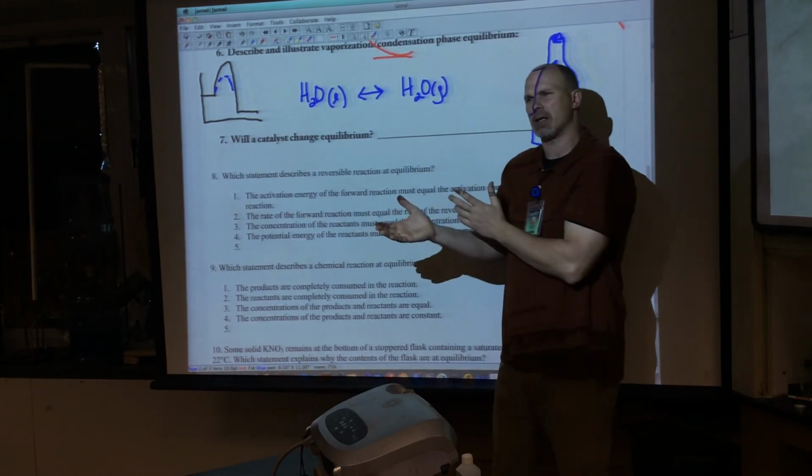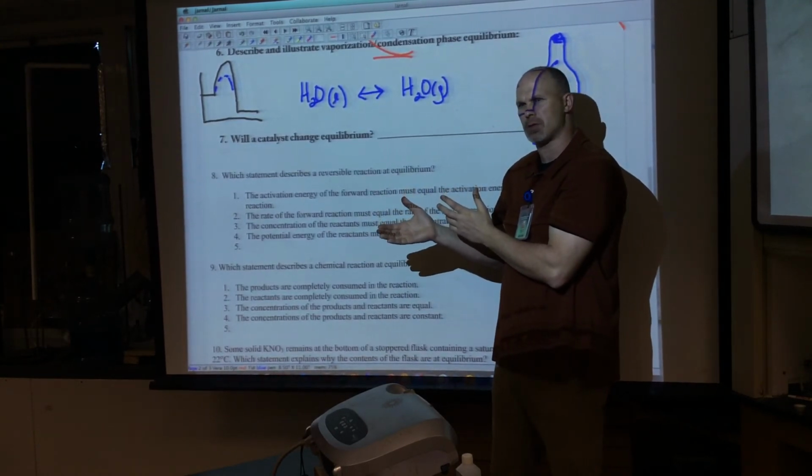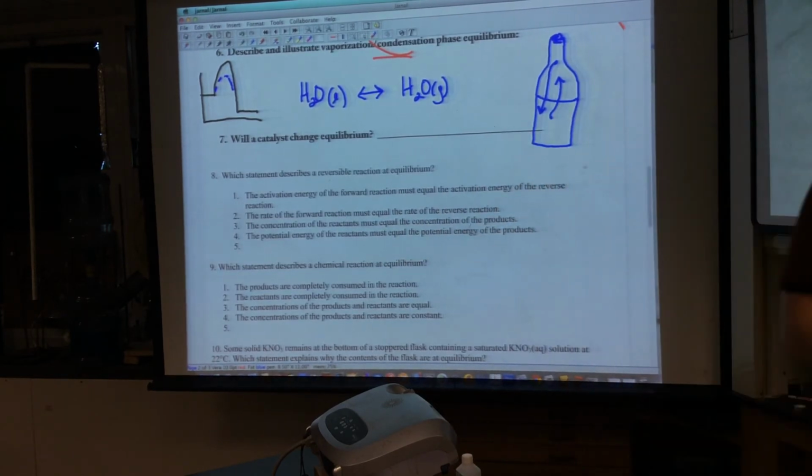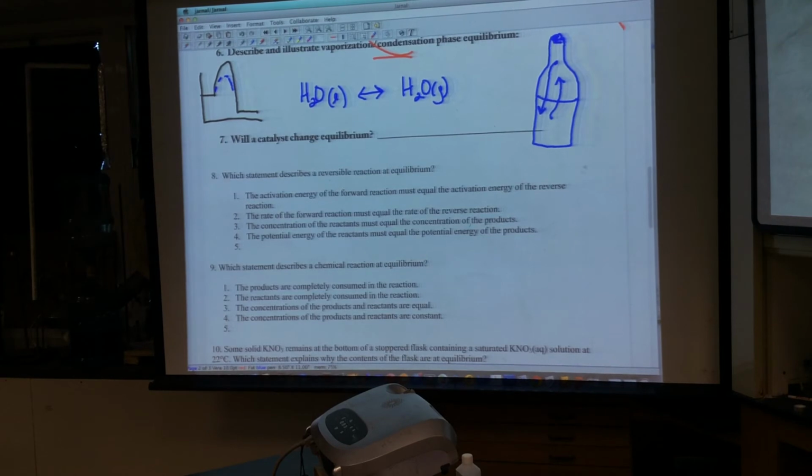So adding a catalyst would speed up the forward reaction as much as it would speed up the reverse. So adding a catalyst has what kind of effect? No effect. My friends in chemistry, I just hit everything that you needed to know for this course. No effect. Why? It speeds up the forward reaction as fast as the reverse.